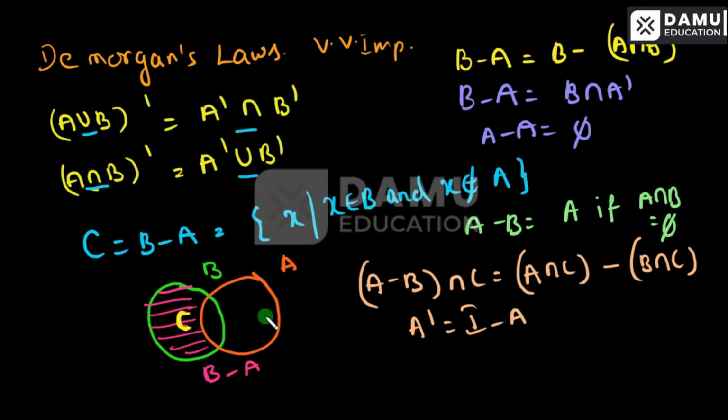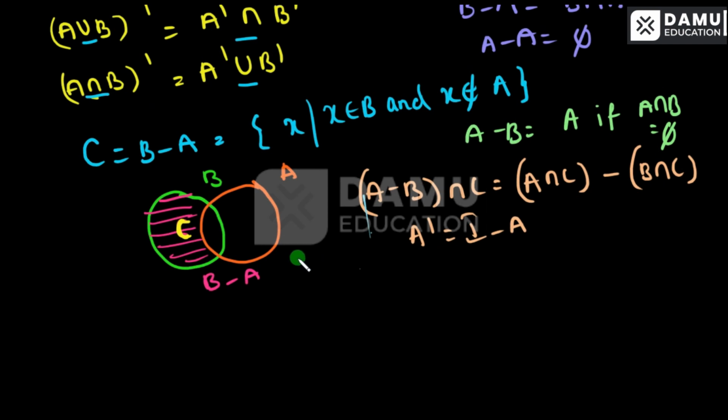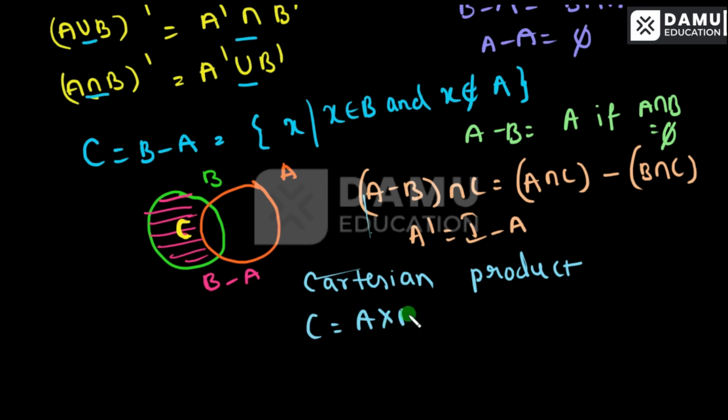Then Cartesian product. So what is meant by Cartesian product? C will be equal to A cross B. So sets we are multiplying.